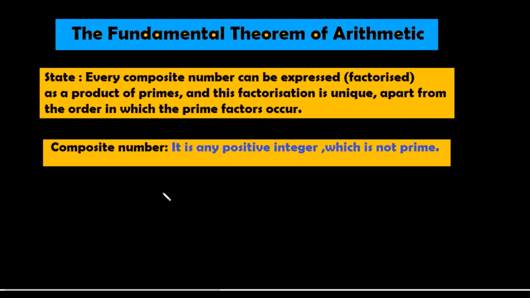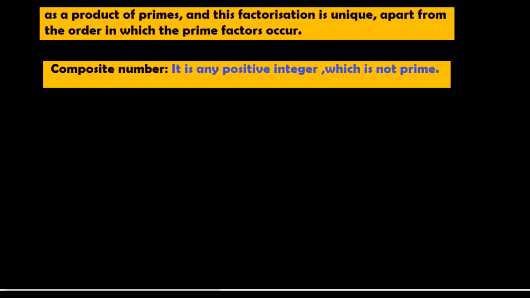Okay, now let me solve a simple question so that you understand it more clearly. Let us start with a very simple one, 404. We will make the prime factorization of this number.